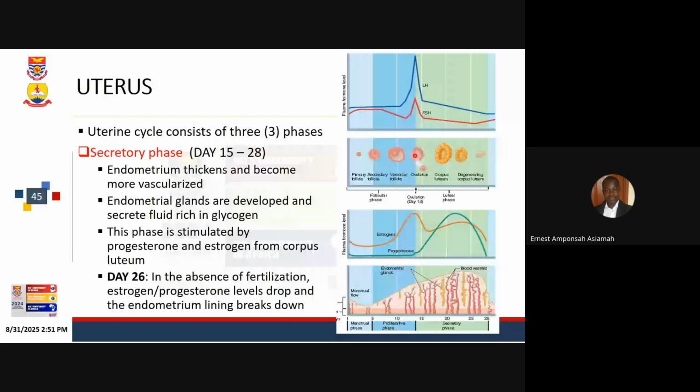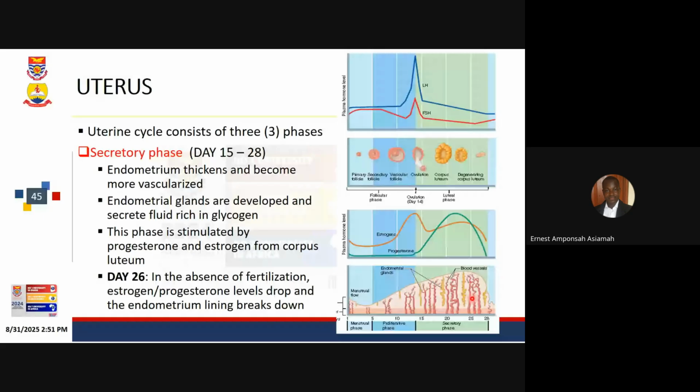Now, after the proliferative phase, that's about 14 days after menstruation, there is ovulation.